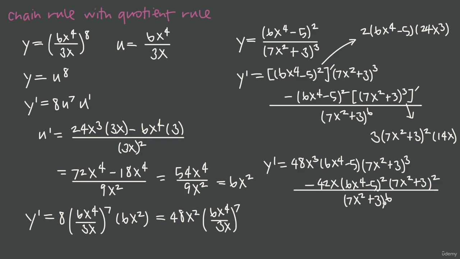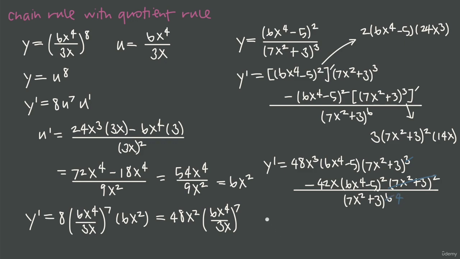Now, there's a lot of simplification here that we can do, but the quickest thing that we can do is cancel common factors of 7x^2 + 3. Notice that we have 2 of them here. We have 3 of them in this term, so 2 of them will cancel, and we'll just be left with this factor here to the power of 1. And we'll cancel 2 factors here, leaving us with 4 of them.